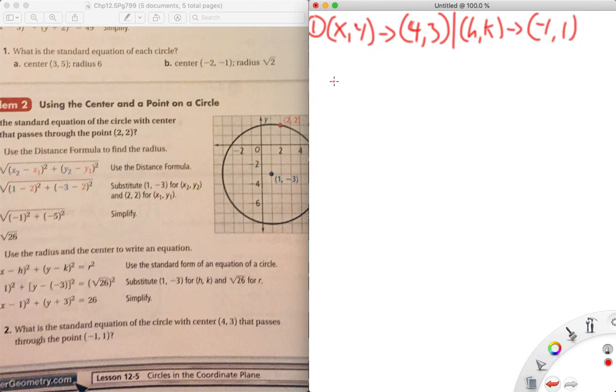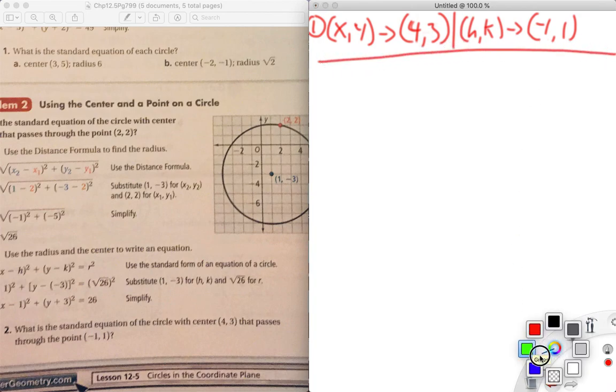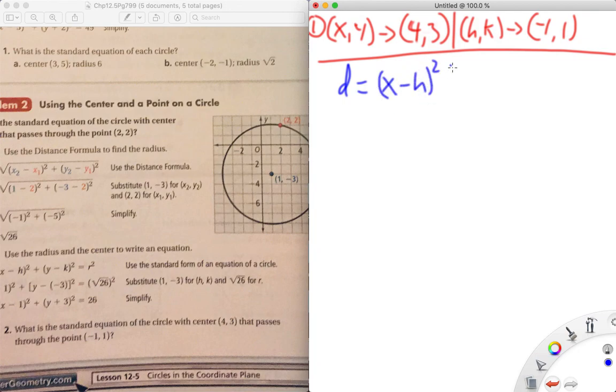So then we use the distance formula, and the distance formula is (x - h) squared plus (y - k) squared, and that whole thing is square rooted.